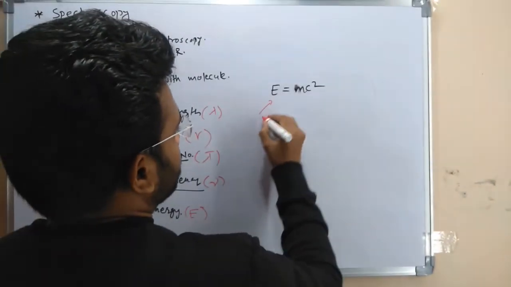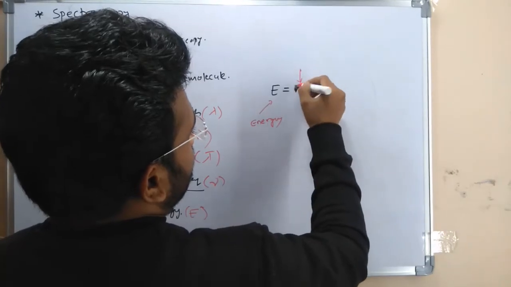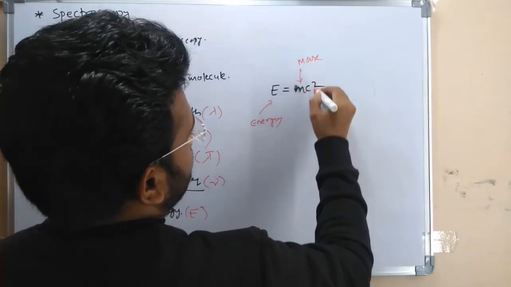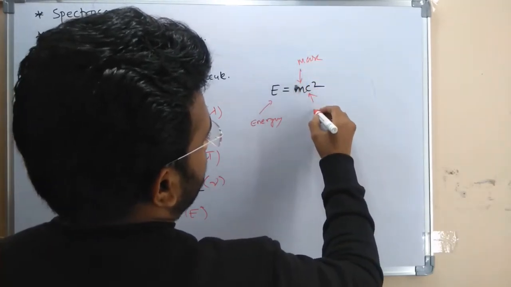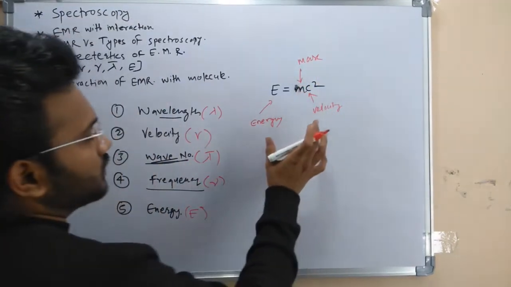In this equation, E is energy, m is mass, and c squared is the velocity squared.